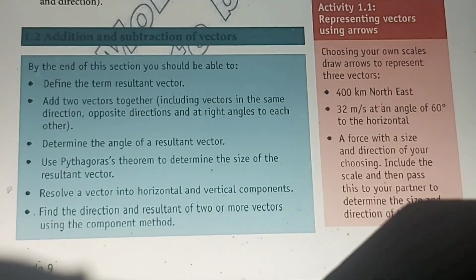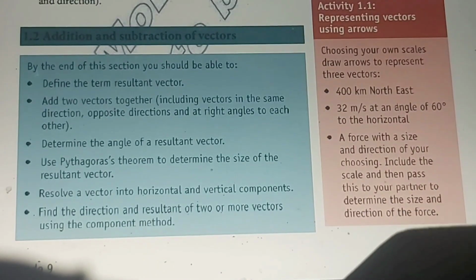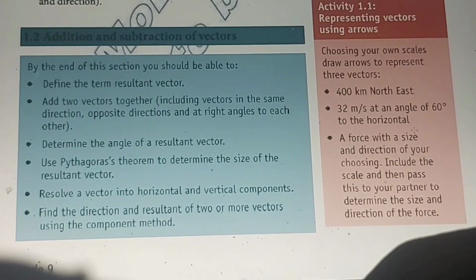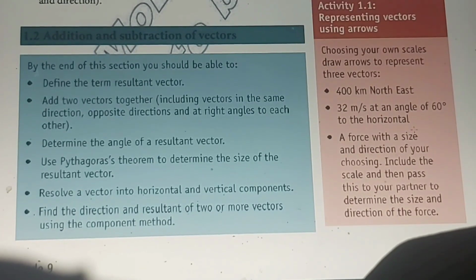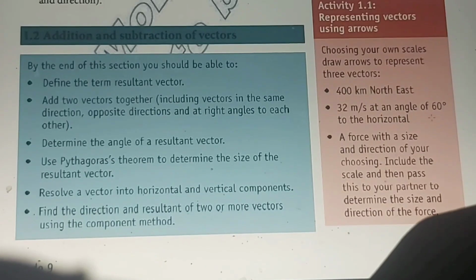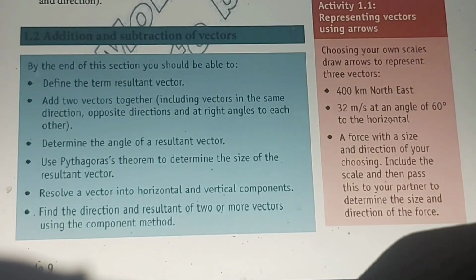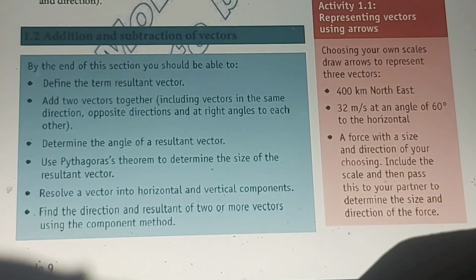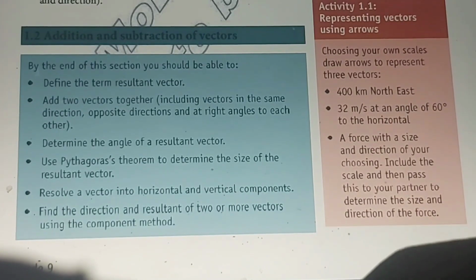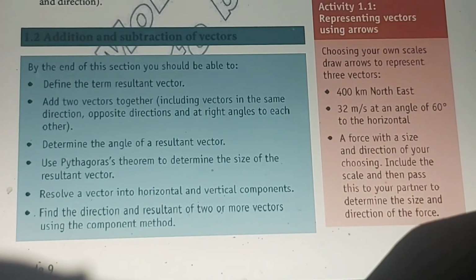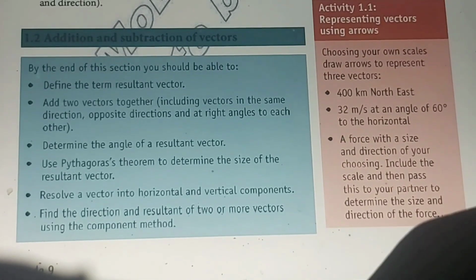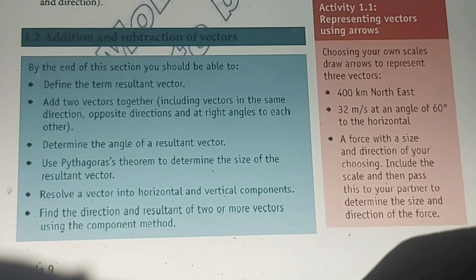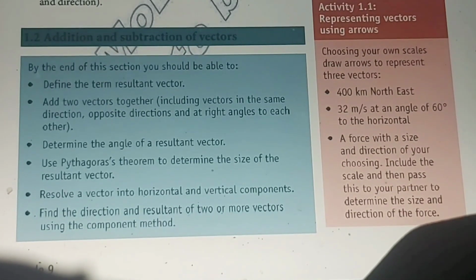By having a scale, it is possible to represent it by an arrow. Second one, 32 meters per second at an angle of 60 degrees to the horizontal. From the horizontal line, by 32 meters per second, we can have this resultant velocity. By using arrows, we can represent it. The same is true for the third one, but let us see how we can add and subtract the given vectors.